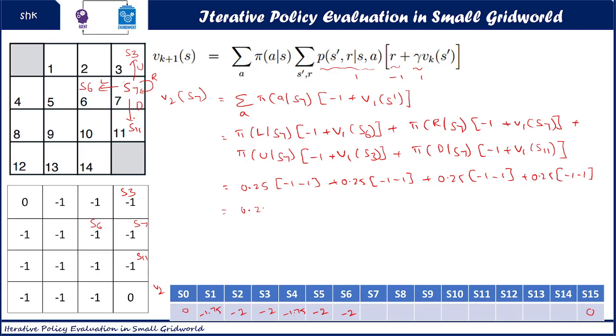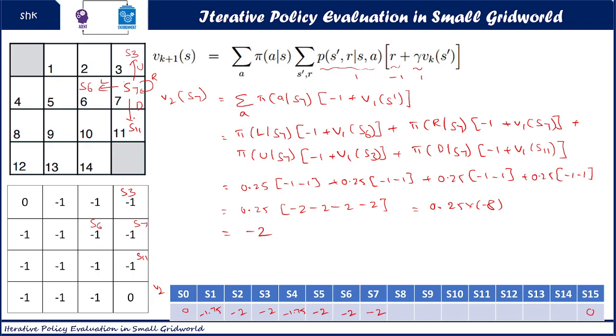If you take 0.25 as a common factor, that is -2, -2, -2, -2, which we can rewrite as 0.25 times -8, which gives rise to -2. Now we will update S7 with -2 for the value function V2. So V2 of S7 we got as -2.